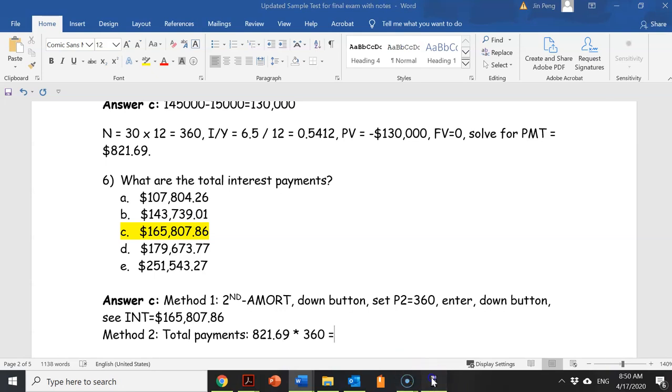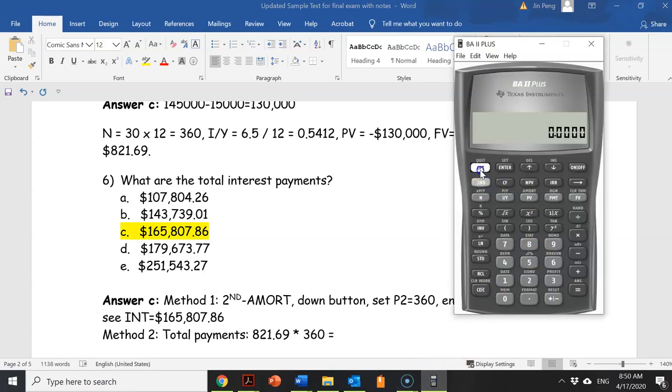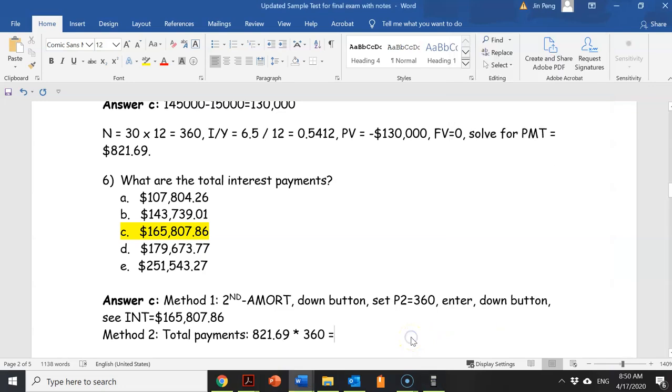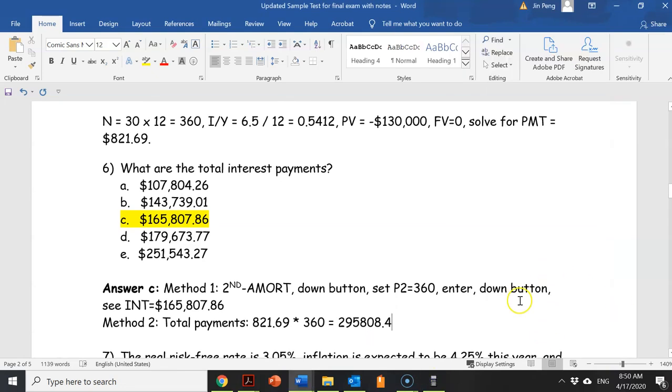Let me calculate this. 821.69 multiplied by 360 would be 295,808.4. This is the total payments, the total money I pay over the 360 months.